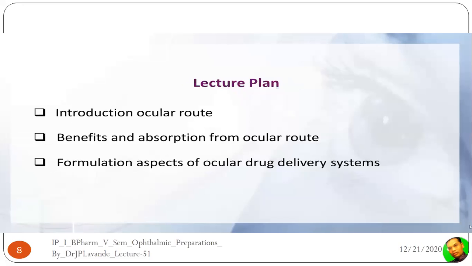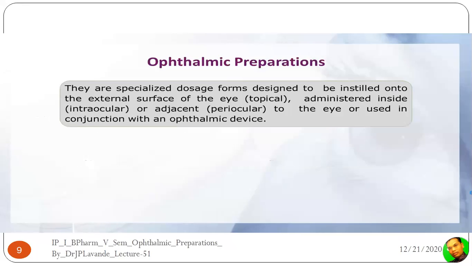In order to understand all these things, our lesson plan will move through the introductory details associated with the ocular route, then some of the merits, benefits, and absorption from the ocular route, and the formulation aspects of the ocular drug delivery systems.